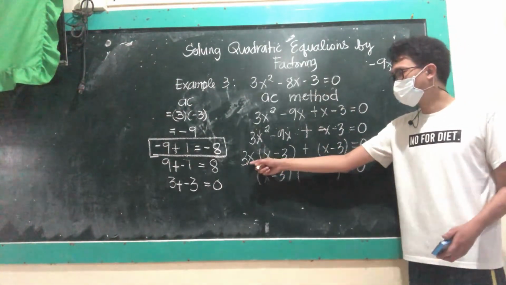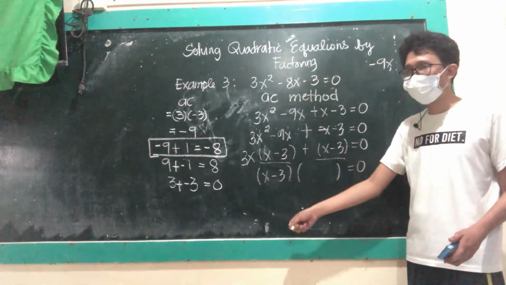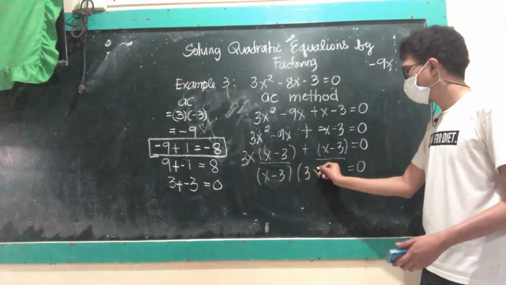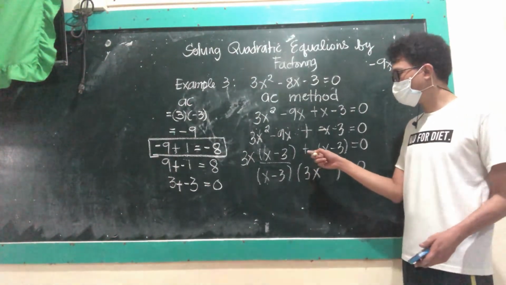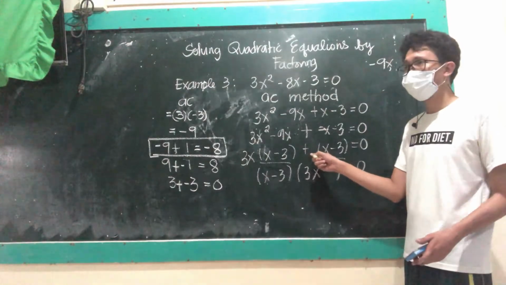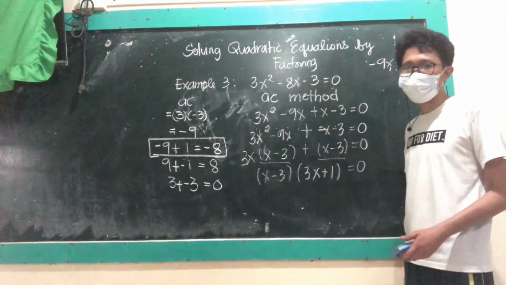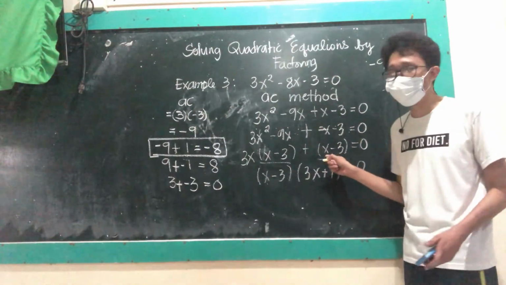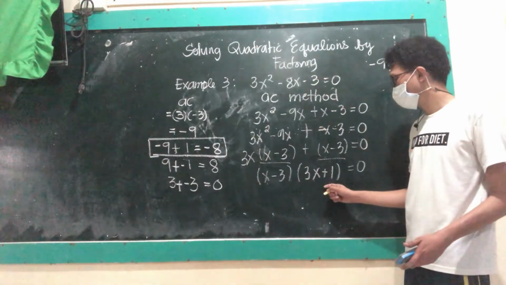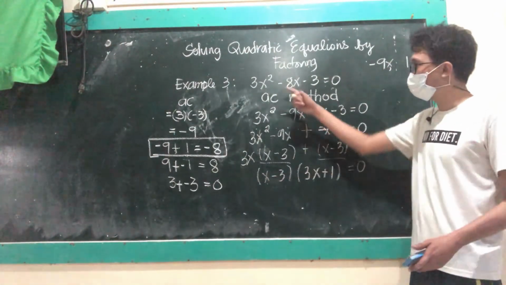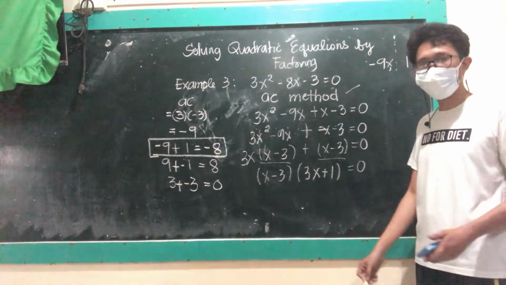In 3x times x minus 3, we cancel out x minus 3, and the remaining is 3x. For the other one, since there are no other factors, the remaining is 1, since x minus 3 divided by x minus 3 is equal to 1. So we get the factors of 3x squared minus 8x minus 3 using the AC method.